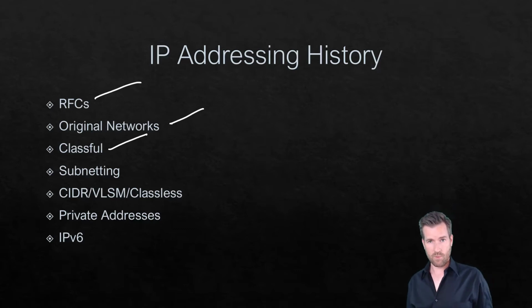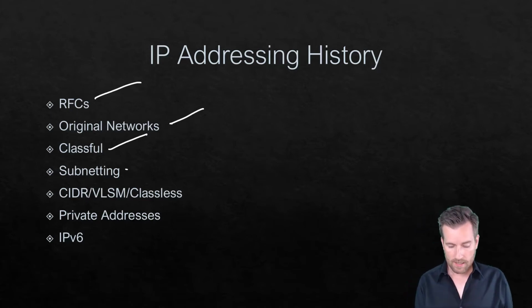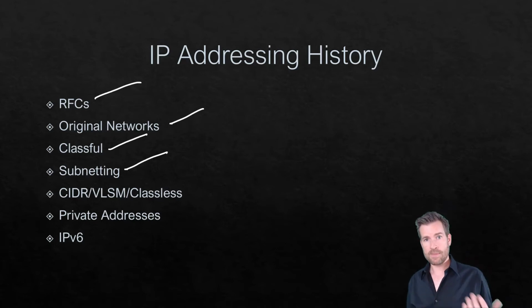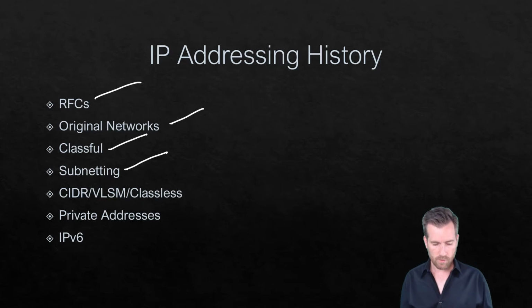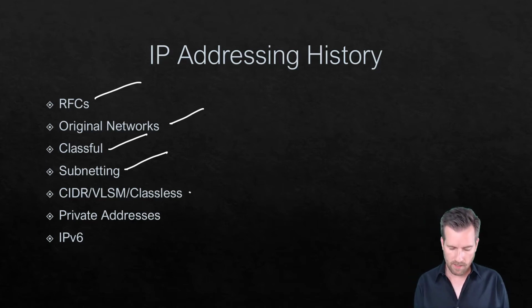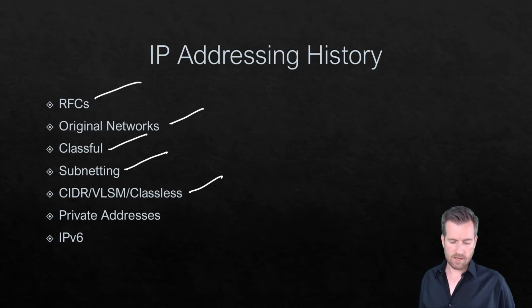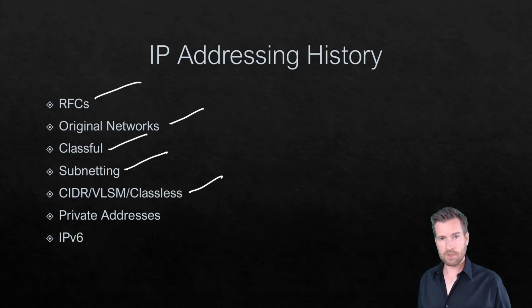Once again, we quickly ran out of enough networks for us, and so we started doing some subnetting to give us more networks. That worked for about 10 years, where we realized we still needed to do something different. So we implemented CIDR, VLSM, and Classless routing.